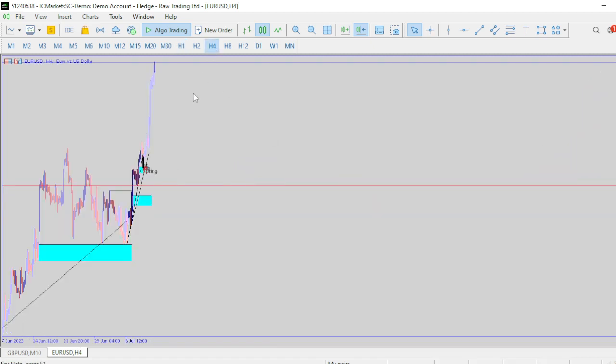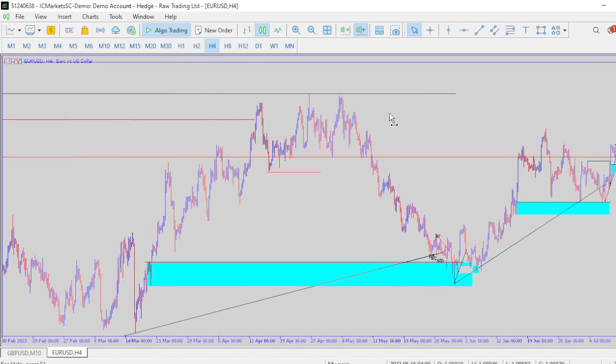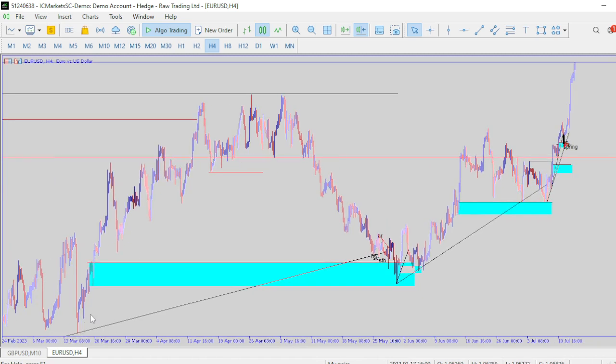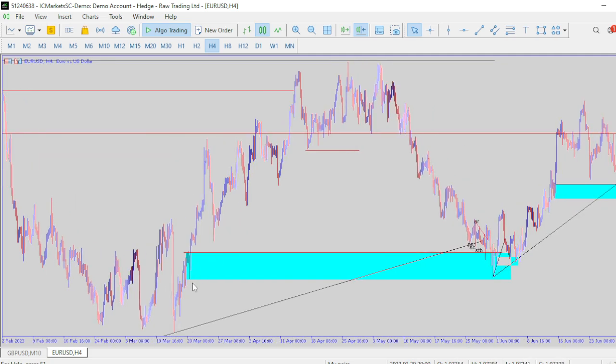Let me show you an example. You see the structure, higher high, higher low, higher high, higher low. You see, it's a 4-hour internal structure, and it's a 4-hour pro-trend internal structure.